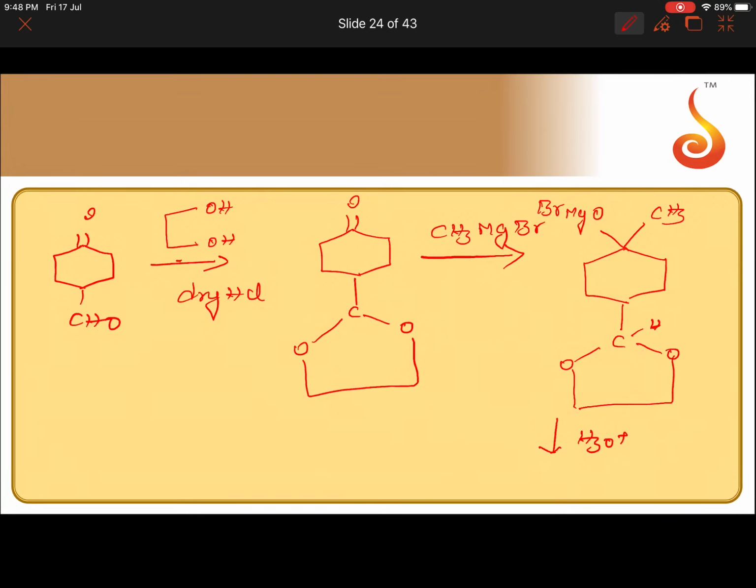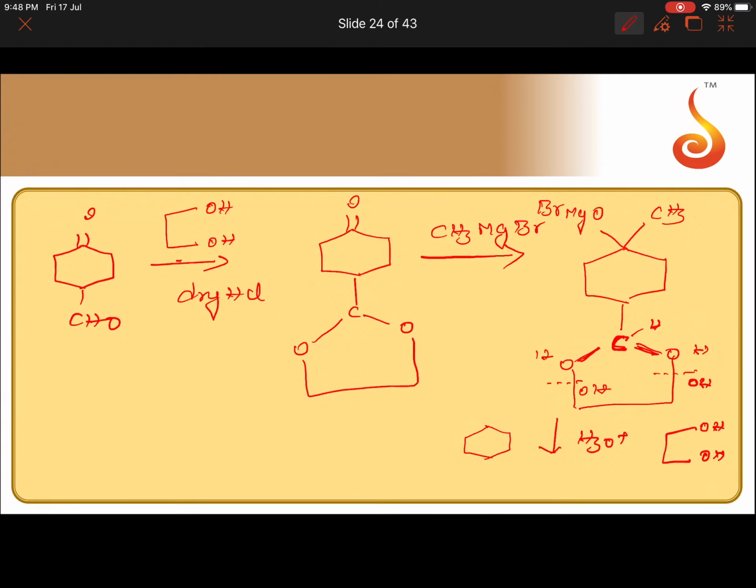Hydrolysis means the acetal also will get hydrolyzed, and glycol will be regenerated. This carbon atom has two OH groups on the same carbon, so it loses a molecule of water to form the aldehyde.